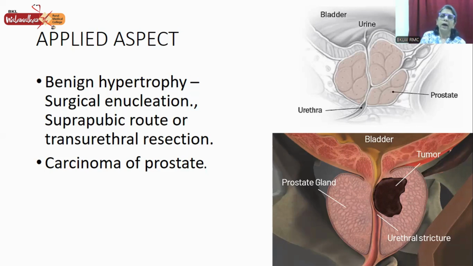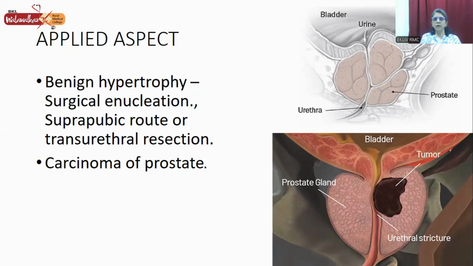If not, or if it is large, then you have to undergo surgery, where surgical enucleation of the prostatic gland is done. There are two surgeries. One is the open surgery, where a suprapubic route is approached and then the gland is removed, which is nowadays not much done.